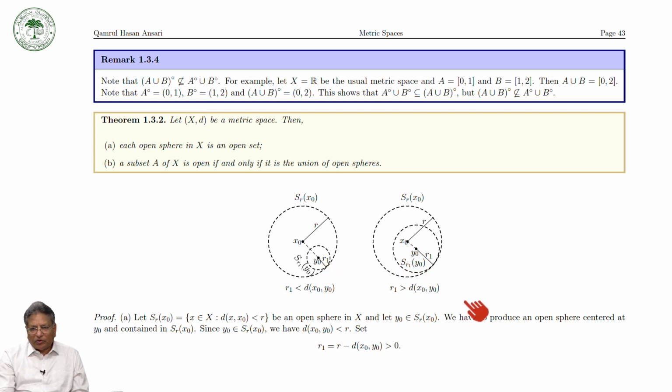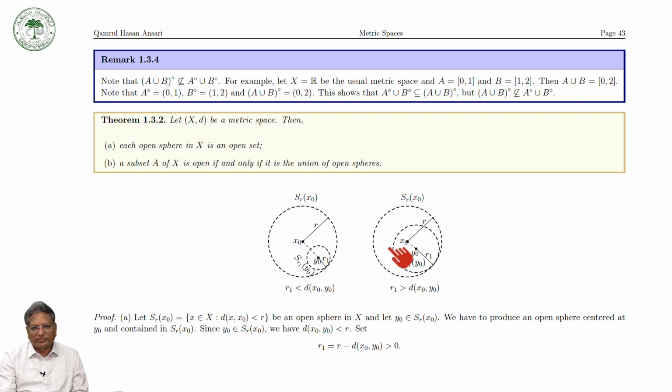Then we produce an open sphere centered at y0 and contained in this. Since y0 is in the open sphere, d(x0, y0) is less than r. This is always less than r, and we set r1 equal to r minus d(x0, y0). So r1 is the radius r minus this distance.